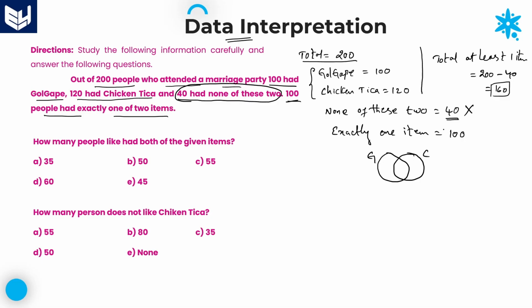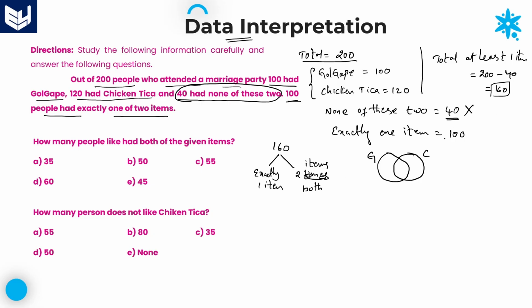Out of these 160 members, there are exactly two possible cases: exactly one item, and both items, golgappa and chicken tikka.